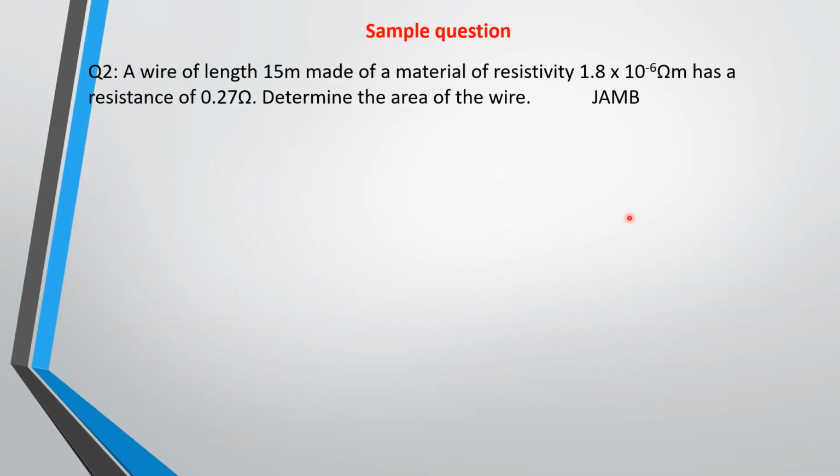This one says that a wire of length 50 meters made of a material of resistivity 1.8 times 10^-6 ohm meter has a resistance of 0.27 ohm. Determine the area of the wire.